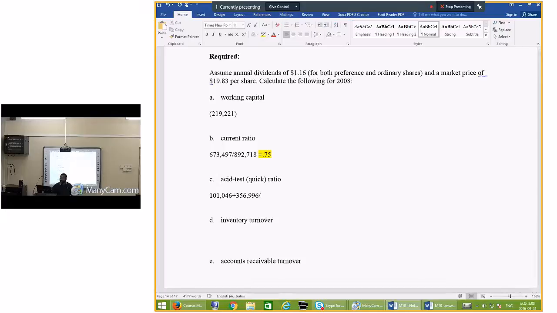Divided by current liabilities, that comes to 0.51.